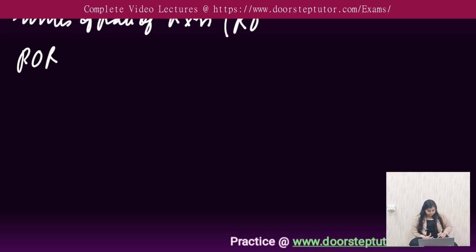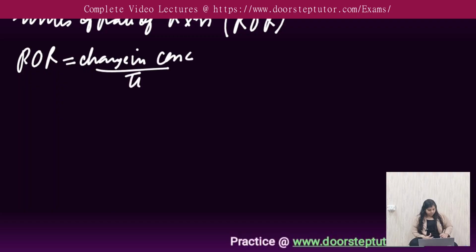Okay. So I am writing the rate of reaction as ROR, the short form we are going to use. This is equal to the change in the concentration upon the time taken, right? Concentration we generally take in terms of molarity. So here you have molarity upon the time.